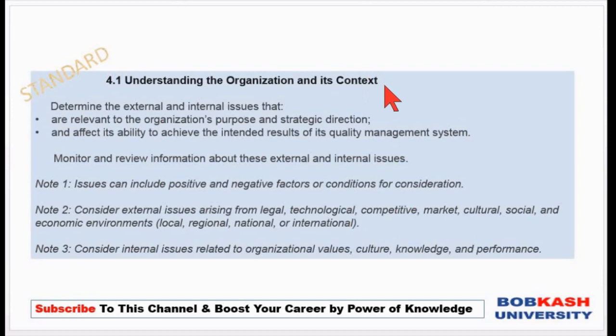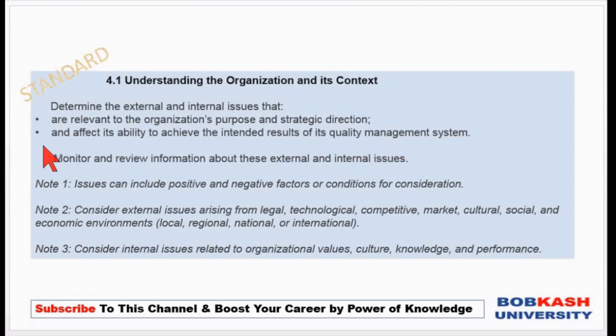Let us read the standard first of all. What does the standard say in 4.1, understanding the organization and its context? It says the organization should determine the external and internal issues that are relevant to the organization's purpose and strategic direction, and affect its ability to achieve the intended results of its quality management system.